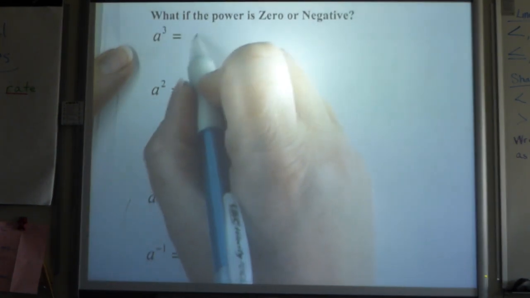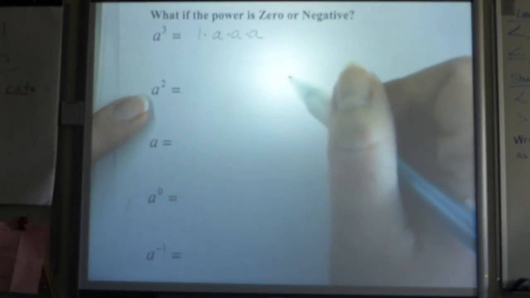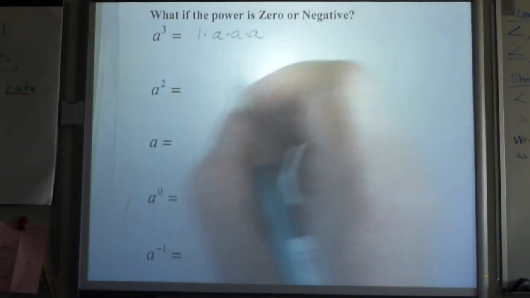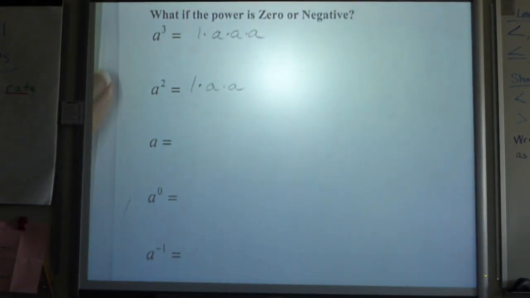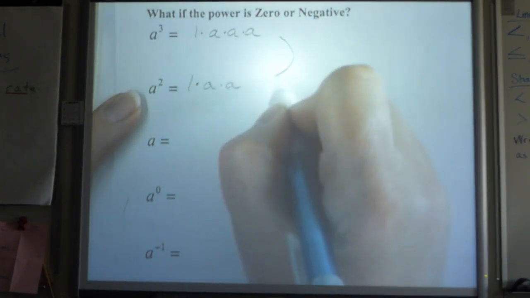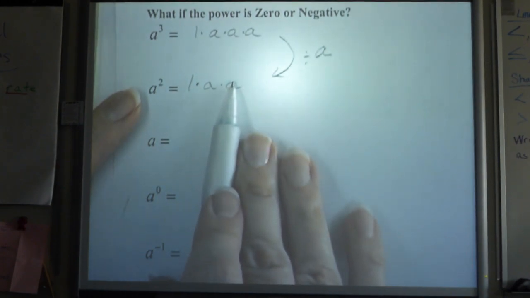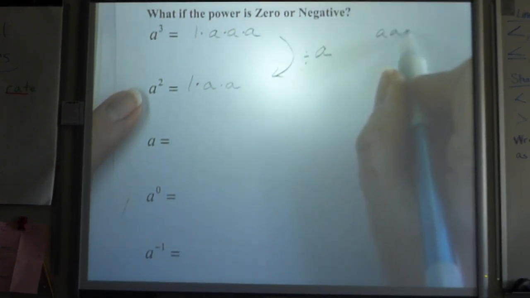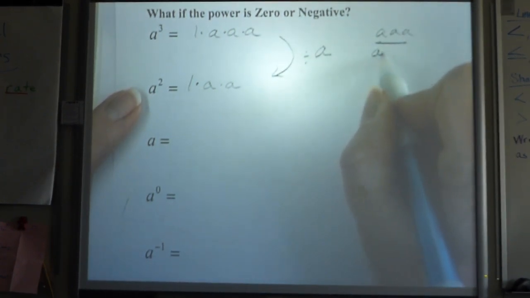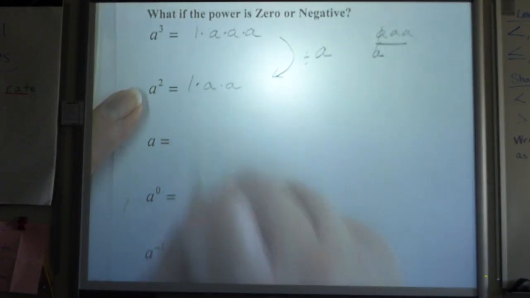Okay, so we have 1 times A times A times A. A squared is 1 times A times A. So each time what we're doing is we're dividing by A. So if you think of A times A times A, dividing it by A, what happens? A divided by A is 1, leaving you with just A times A, your A squared.